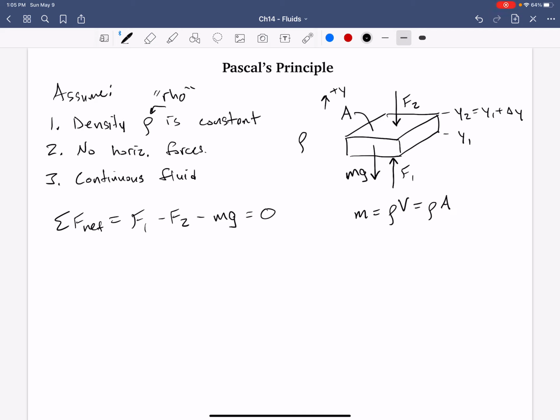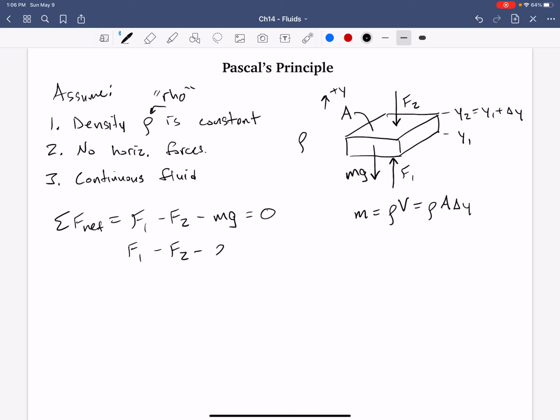So we have rho times A times the height, which was delta y. I said this is delta to allow us to have any height volume. It doesn't have to be a singular height. It can be any height. So you could just as easily put h there too. So this is another way to write the mass of this volume of fluid. I'm going to take that and plug it in to our free body diagram equation.